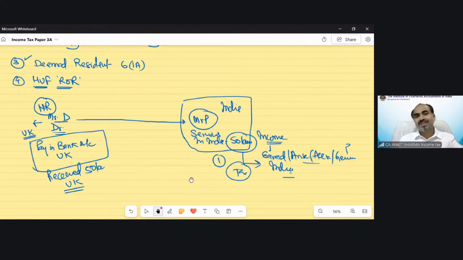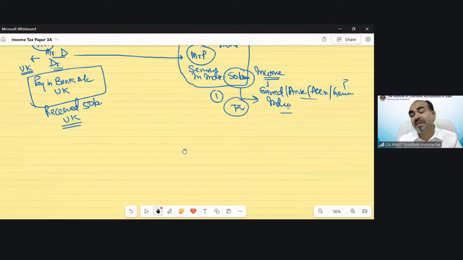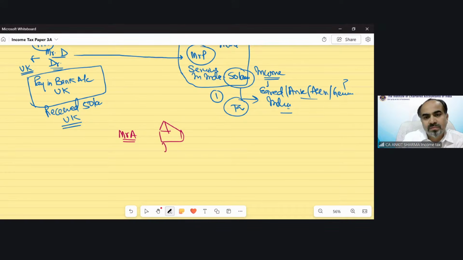Okay. So that is the kind of income we are talking about in the first category. So if income has been earned in India, then it does not matter whether it is being received. Let me give you one more example. Suppose Mr. A is working in an Indian company, XYZ Limited in India.